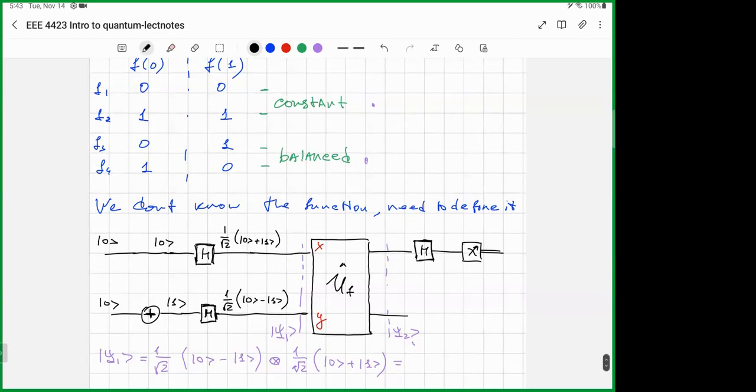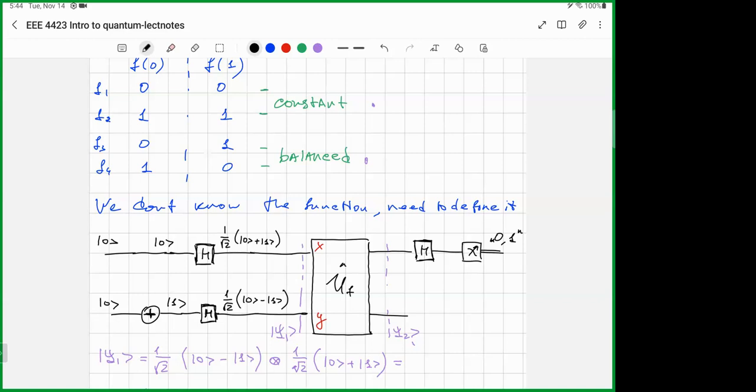If we get 0, we conclude that the function is constant. If it gets 1, our function is balanced. The key point here is that we do both operations simultaneously, in one single run, one single call of the operator U.